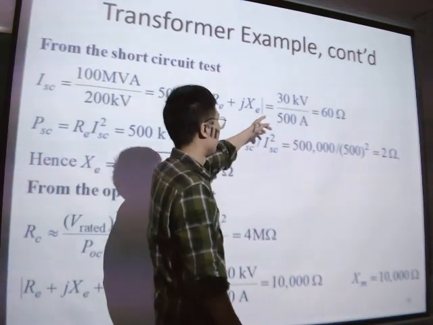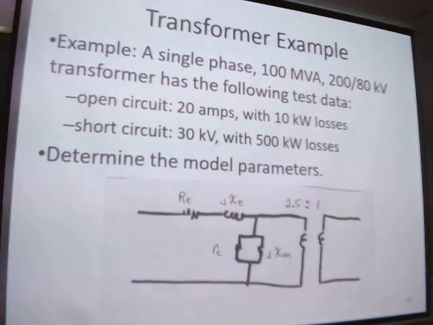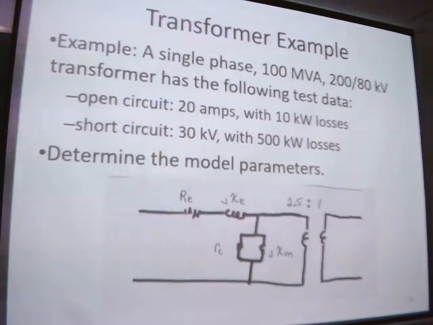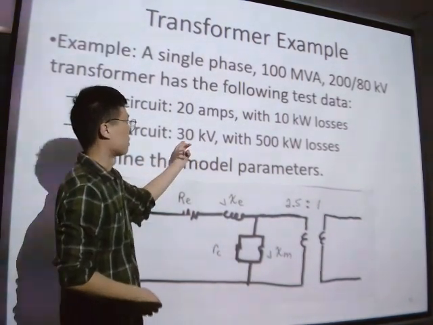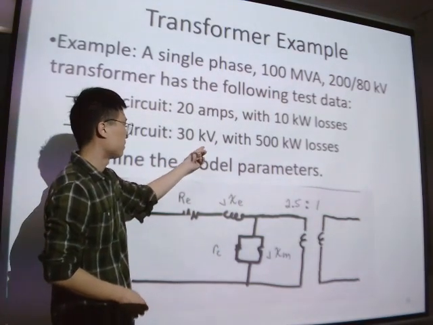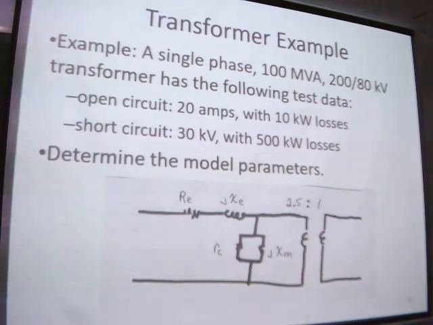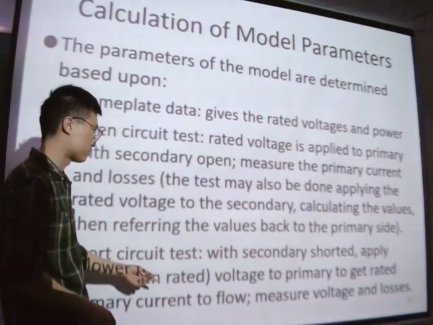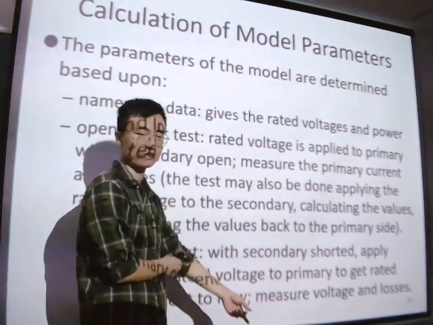So that reduces on the short circuit. So in a short circuit, we're doing this, okay? So it's 30 kilowatt here, because in a short circuit we need to measure the voltage of each part and the losses, okay?